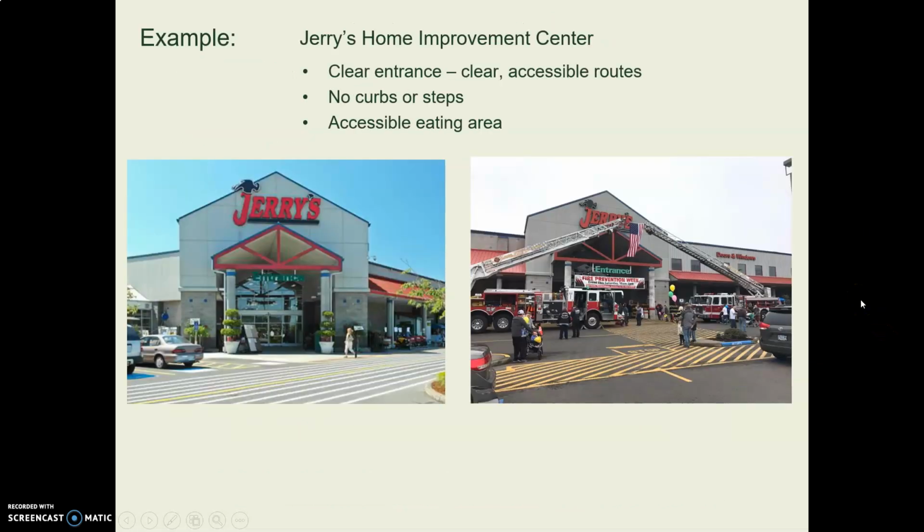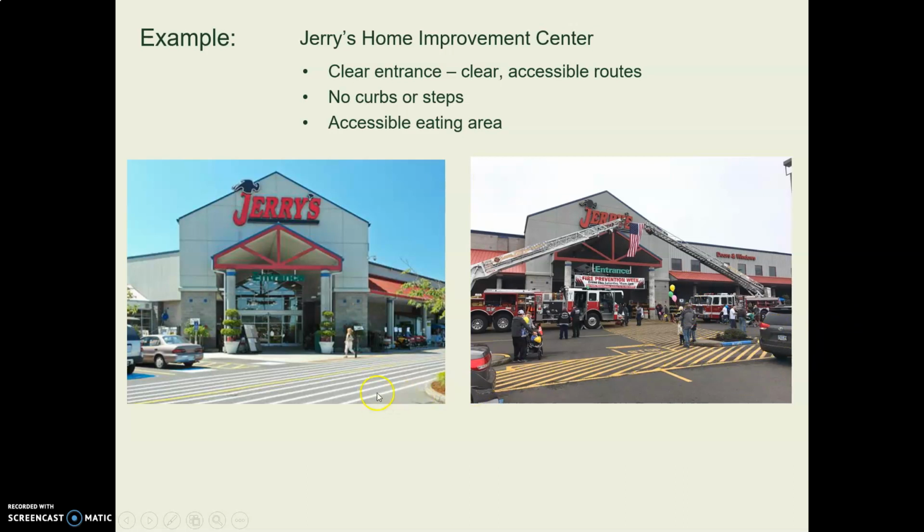I want to show you a couple of examples of universal design. This one is Jerry's Building Supply. This one happens to be the one on Highway 99. And the designer designed the entrance to this building as a zero-step entrance. In the parking lot, there are accessible parking spaces next to the entrance.